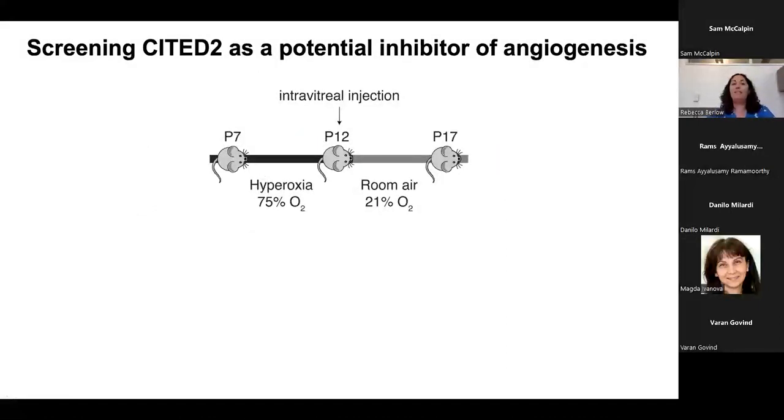And so we wanted to understand CITED2 as a potential inhibitor of HIF1 alpha, and as I haven't mentioned yet, I should mention that HIF1 alpha controls the expression of a number of known pro-angiogenic cytokines that are known to contribute to the phenotypes in this model.